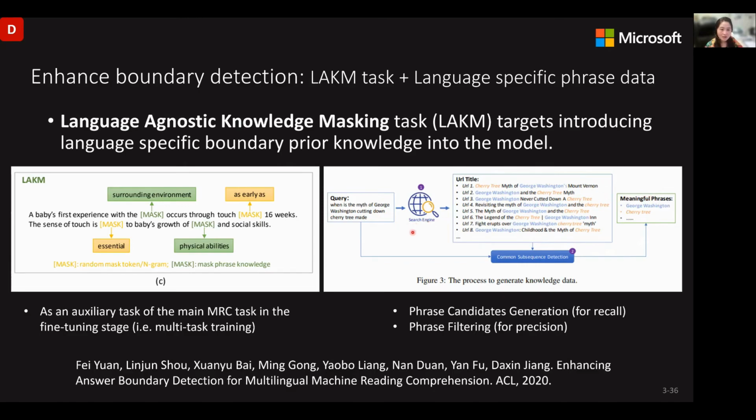This knowledge data mining process is language agnostic. With the knowledge data in various languages, the authors designed a language-agnostic knowledge masking task as one auxiliary task of the main MRC task in the fine-tuning stage.